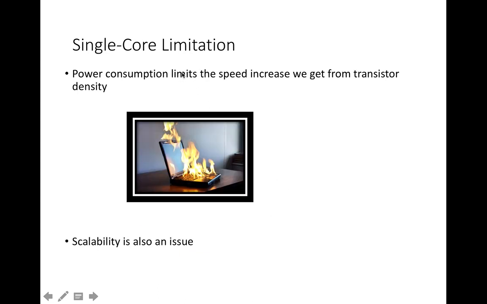So there are big limitations for single core. Sometimes if you use a small computer or a computer with small power, that can generally satisfy the requirement. That's the first thing. The second is that scalability is also an issue. For one computer, if you want to do something, it's okay. But scalability means that if more work comes, I can still do it.